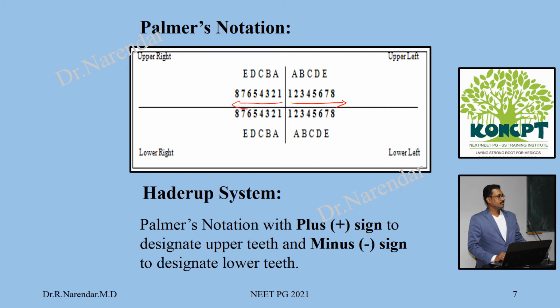For deciduous teeth, it is denoted in alphabets A to E, starting from the central incisor. Coming to Hairtrap system, it is denoted by plus symbol for upper teeth and minus symbol for the lower teeth. It is same as the Palmer's notation, but a plus symbol has been designated for upper teeth and minus symbol for the lower teeth.